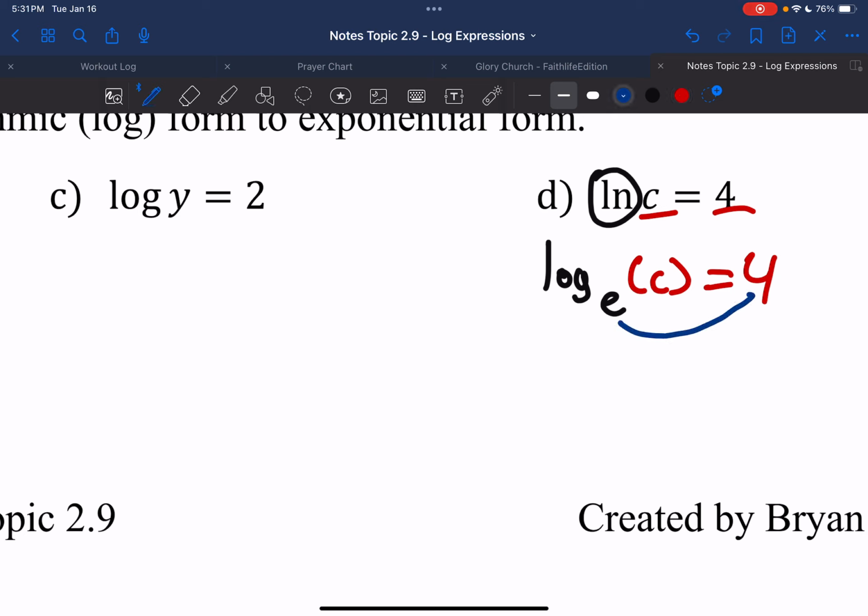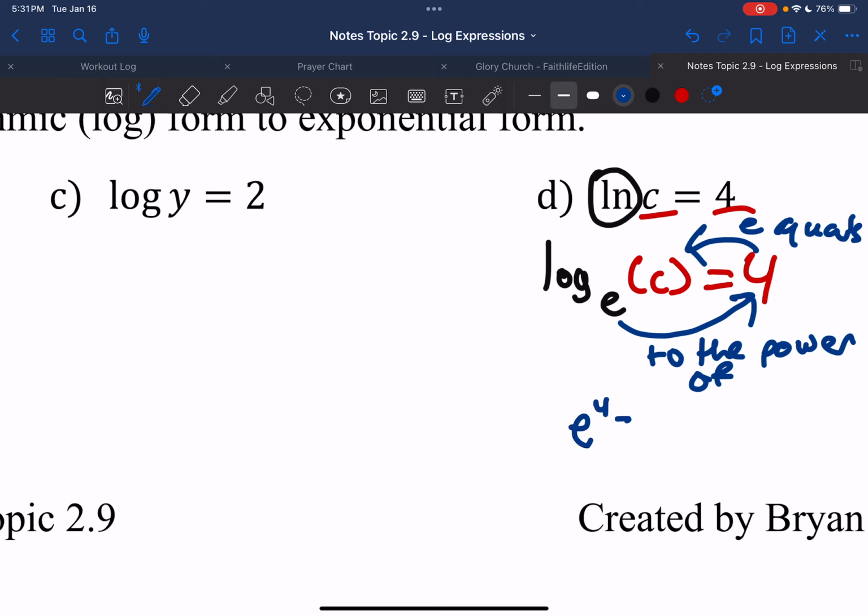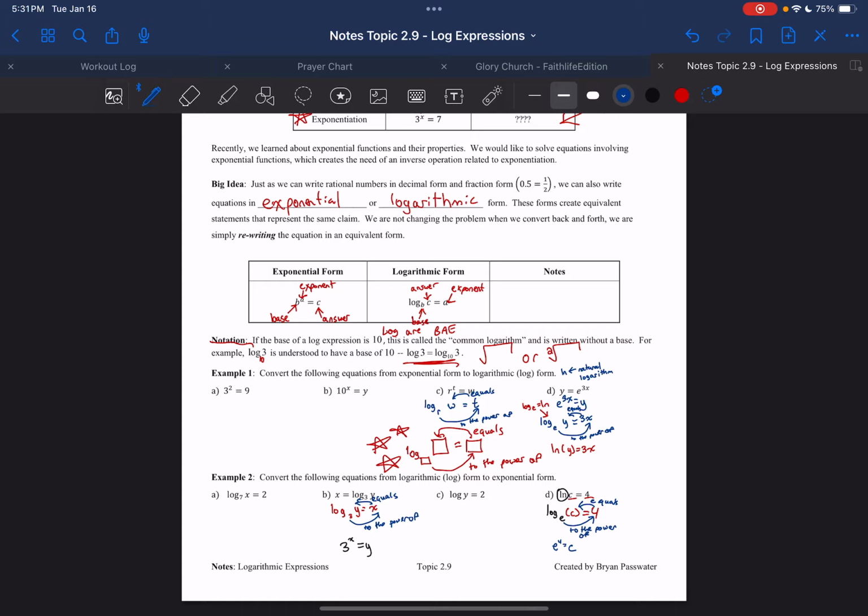And I'm going to rewrite this. So e to the 4th equals c, e to the power of 4 equals c. Okay.